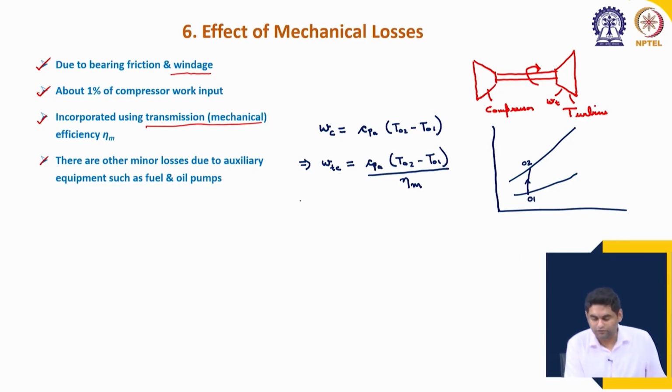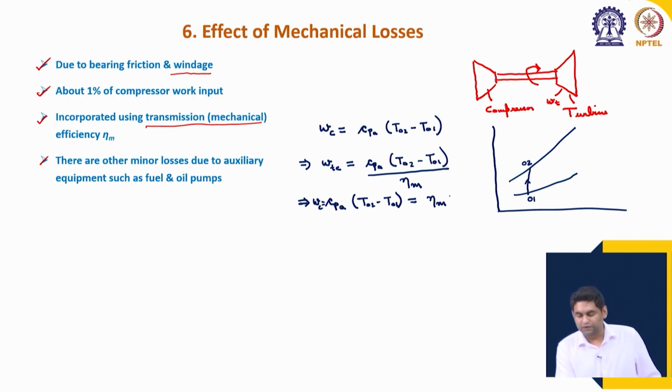Or the other way around, if the turbine is supplying WTC amount of work, for running the compressor we have WC, which is Cp (T02 minus T01). For running the compressor we get the efficiency multiplied by the work which was originally supplied by the turbine towards the compressor.